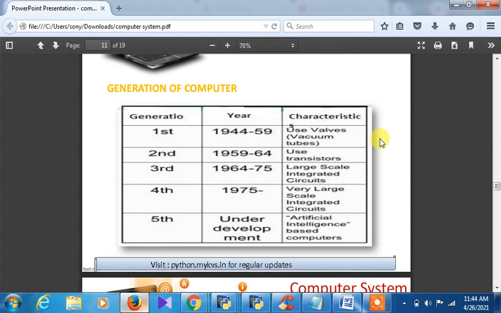That's why the size and the price of the computer were also reduced. Using vacuum tubes at that point of time, the failure rate was higher, because those vacuum tubes were made of glass, were fragile, and used to produce a lot of heat. Clear? And they used to consume a lot of electricity.